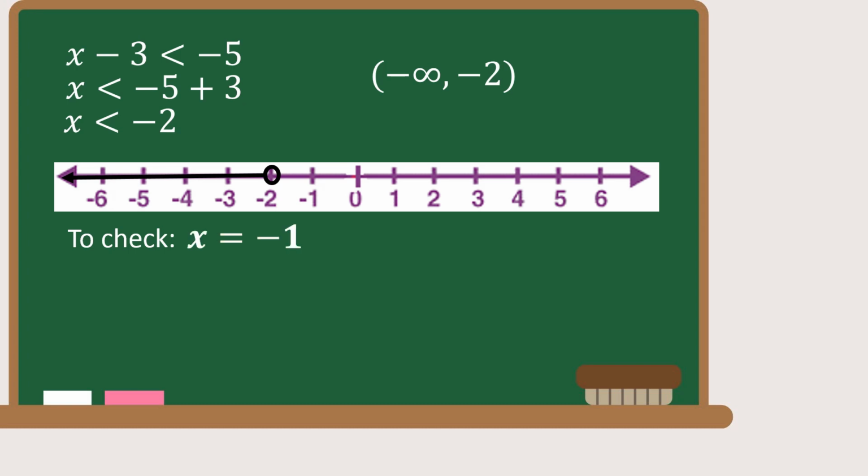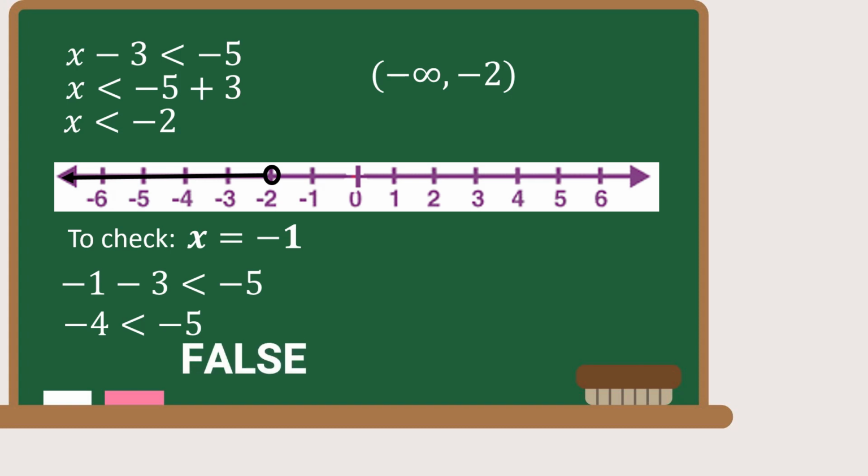So we have negative 1 minus 3 is less than negative 5. Negative 1 minus 3 equals negative 4. Therefore, negative 4 is less than negative 5. Is that true or false? Very good. It's false.